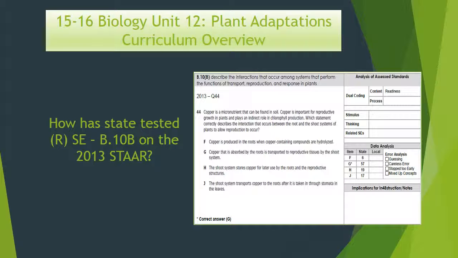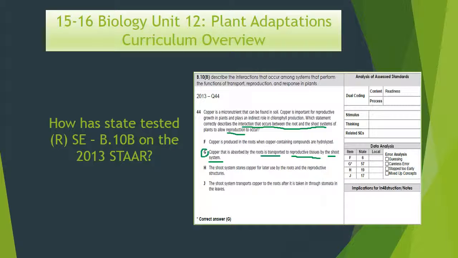Okay, so they want to understand what's the interaction that's occurring between the root and the shoot systems in order for reproduction to occur. And the correct answer is G. Copper that is absorbed by the roots is transported to reproductive tissues by the shoot system.